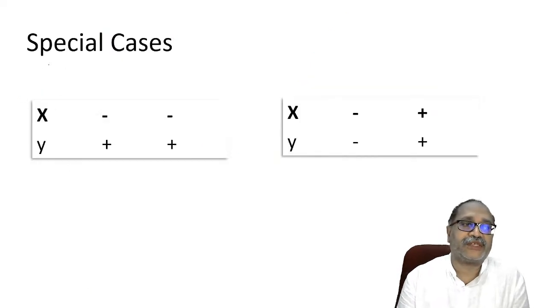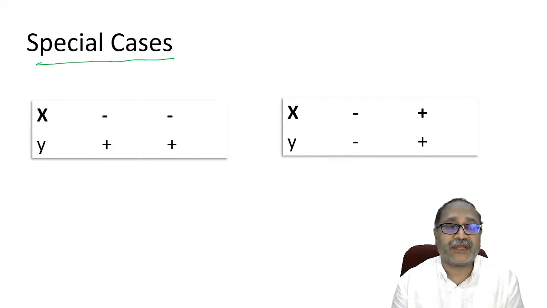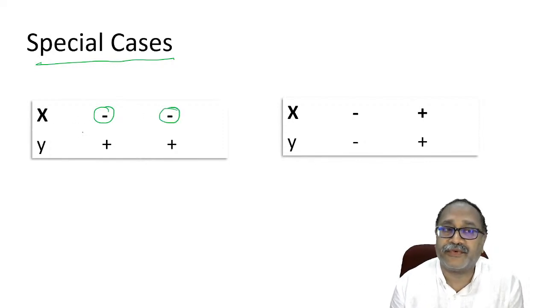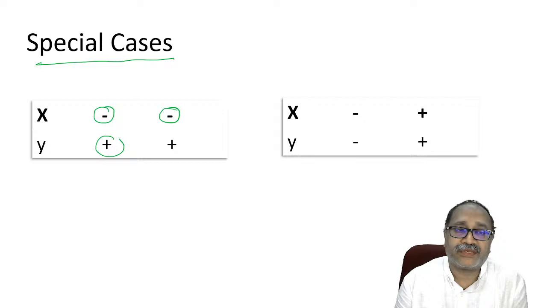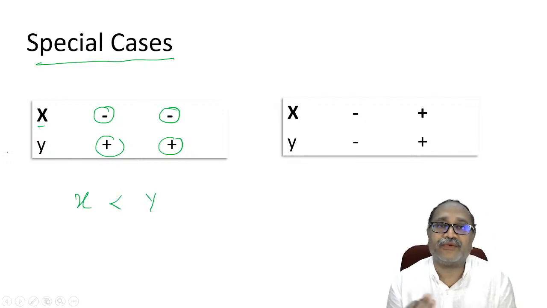Here are some special cases. Sometimes you get both values of x negative and both values of y positive. So obviously x will be less than y; I don't need to get the value.